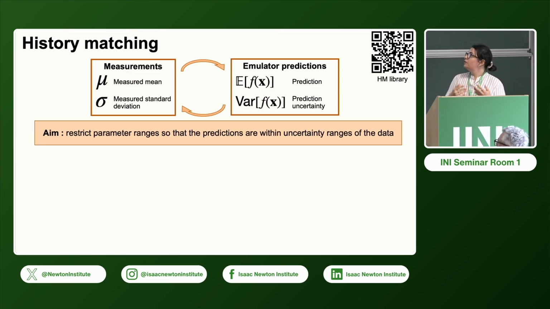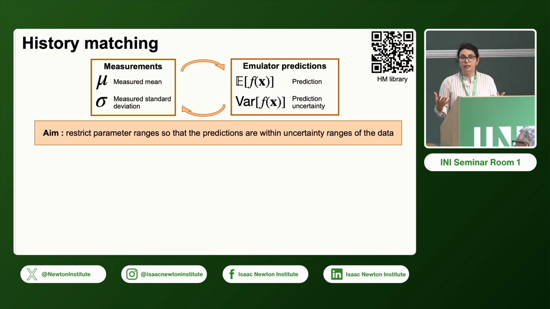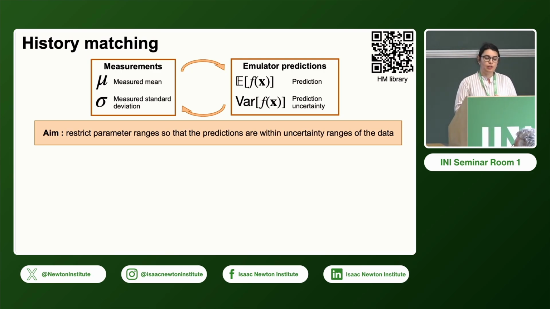And basically, history matching is a technique where we try to restrict the parameter ranges to areas where the outputs are consistent with the clinical data we have available. So on one side, we have the measurements with the target value and an uncertainty associated with them, which is quite important to think about. And on the other side, we have the emulators with their prediction and the uncertainty associated with the prediction.